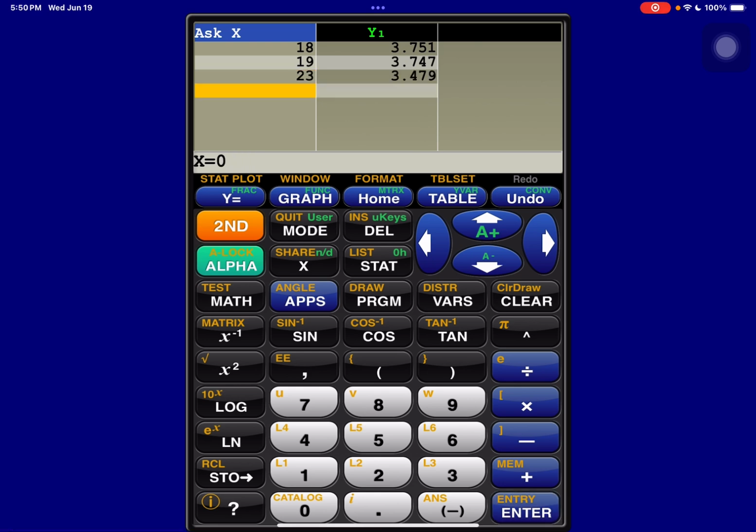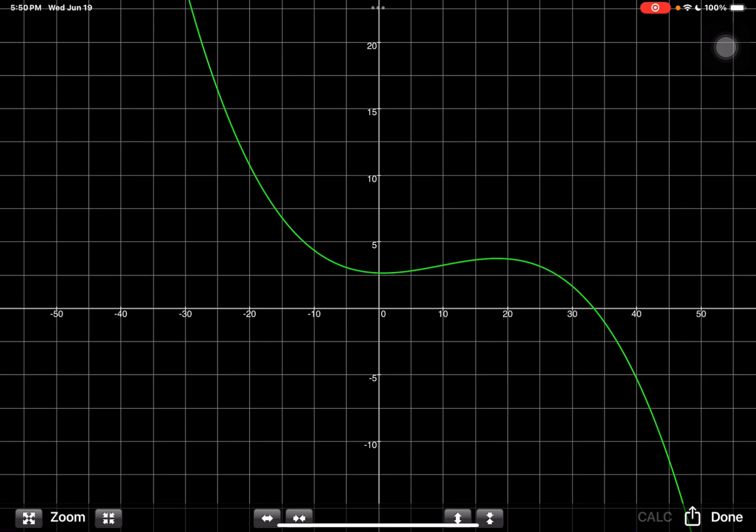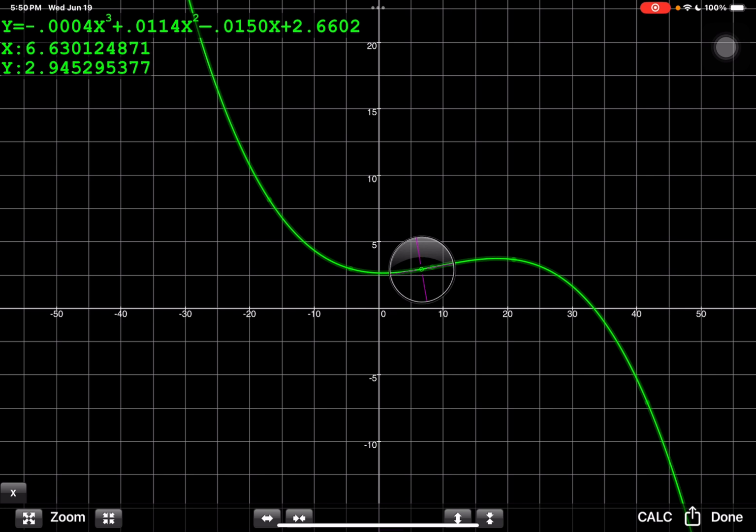So 18 is our greatest maximum of the price of milk. And you can see it on the graph too. This is a pretty fancy graph, but you see it goes up, it goes down to here, and then it goes up a little bit, and right about here is the max. It turns around and goes back down.